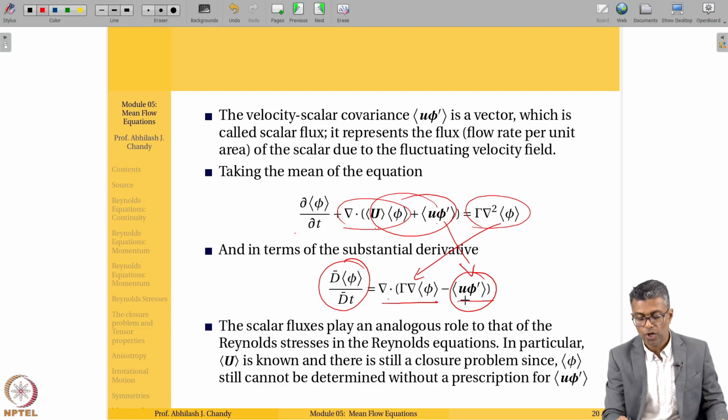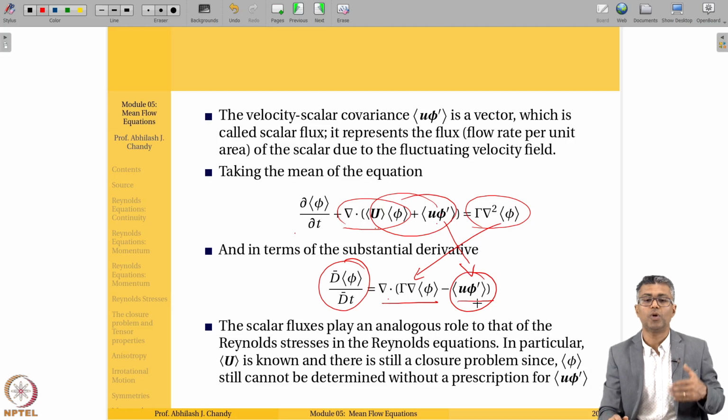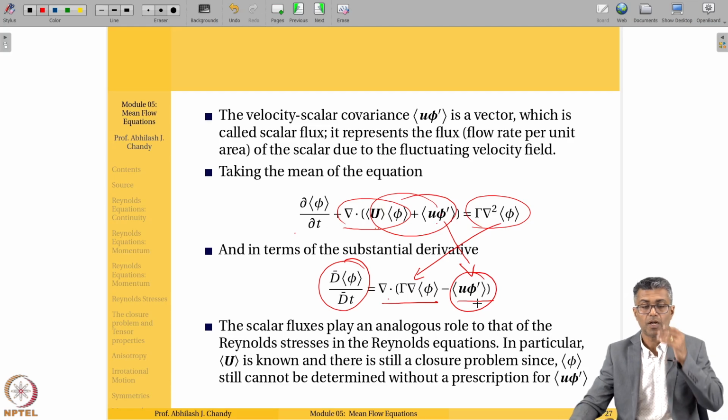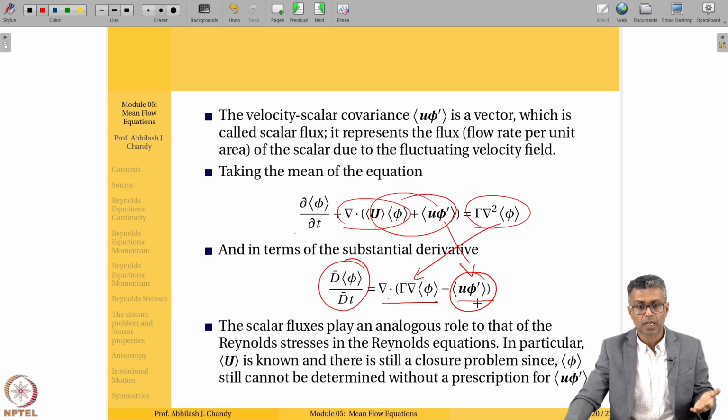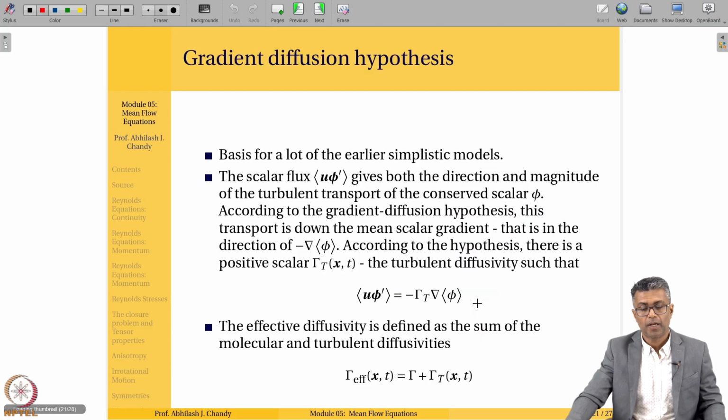What do you do for u prime phi prime? You will need a model for that, an additional equation. That is your closure problem as far as the scalar is concerned. This applies when you're dealing with, say, temperature. This would be a temperature equation, your scalar could be temperature and gamma would be the thermal diffusivity. So I hope that is clear.